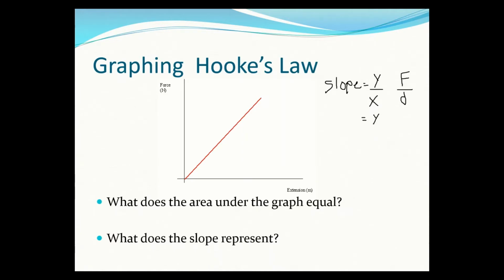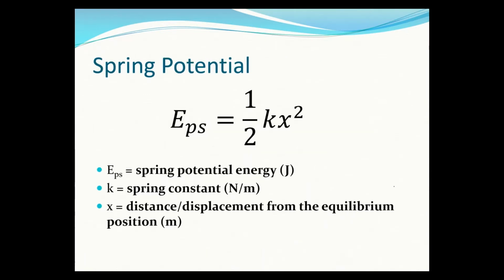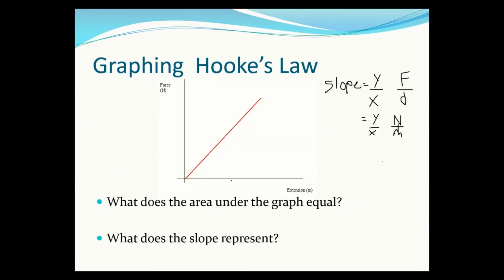And we can also take a look at our units here. It's a newton per meter that would be our units. This is newtons, this is meters. And if we go back, oh, look at this. This is a newton per meter. That could be helpful. So that tells us that slope must be, oh, it's our spring constant.